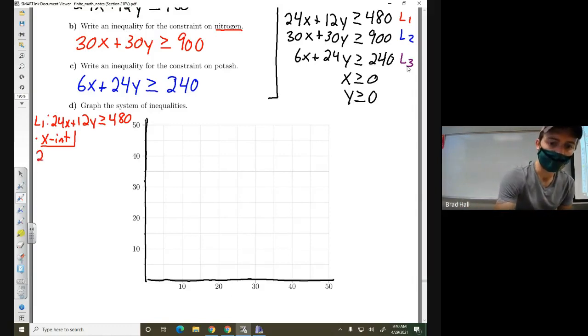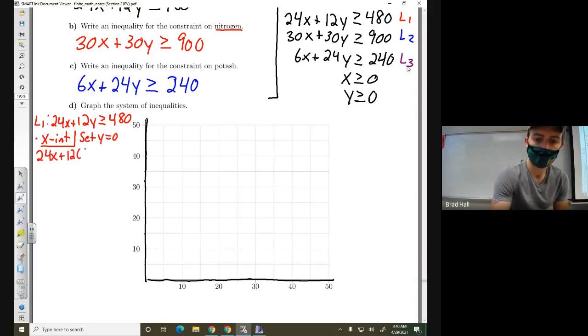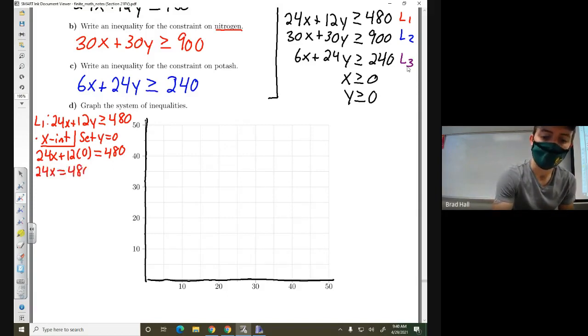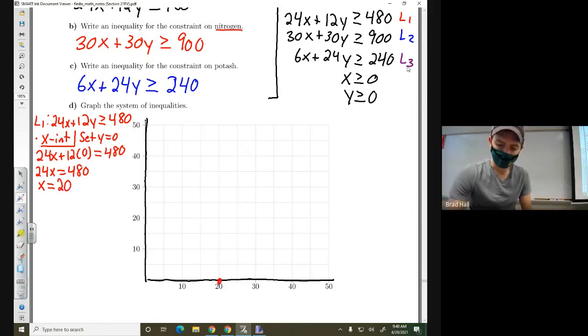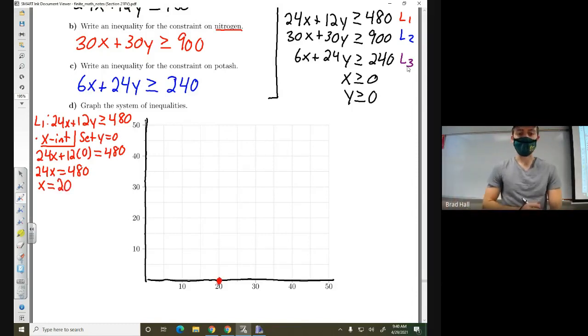This is whenever you set y equal to 0, and you do this for the underlying equation. So 24x is equal to 480, and we can quickly solve for x. X seems to be 20, which gives us 1 point on the graph for the first line.